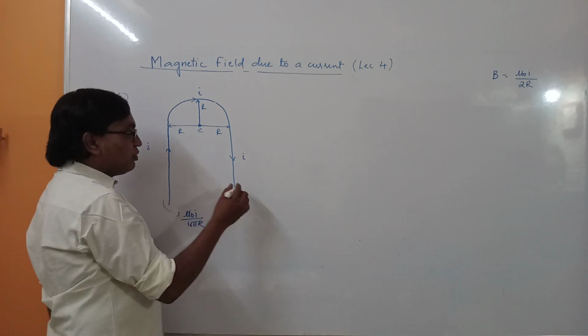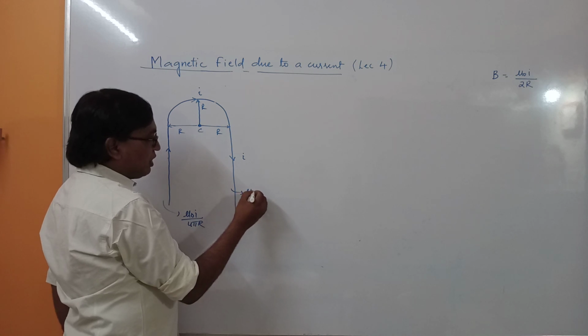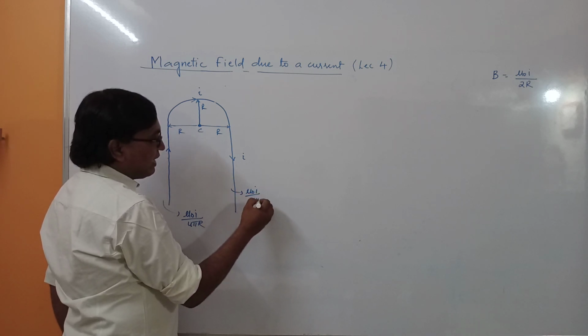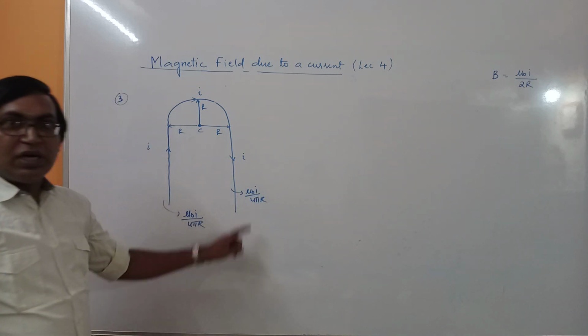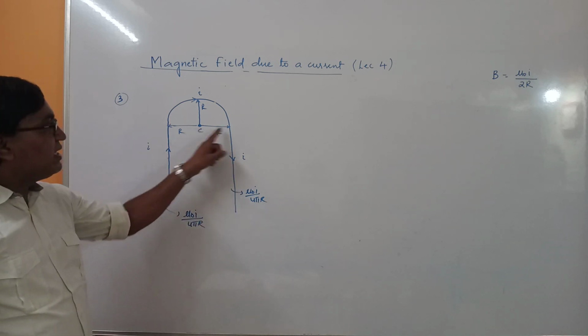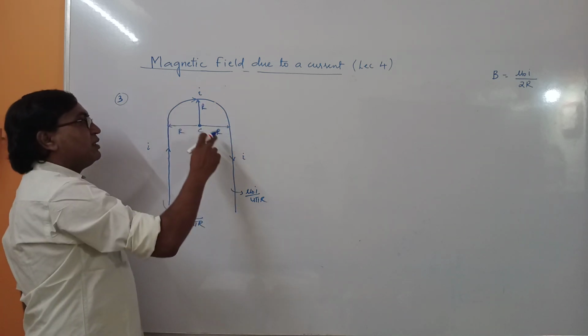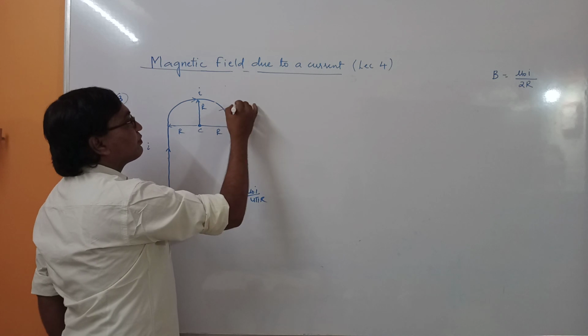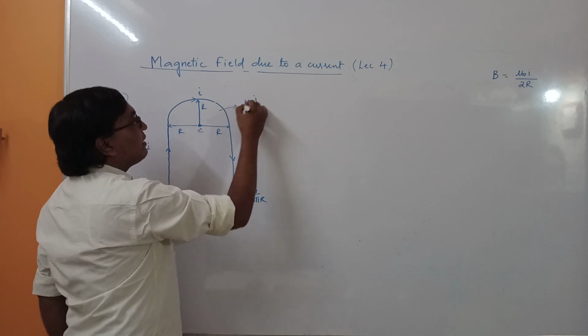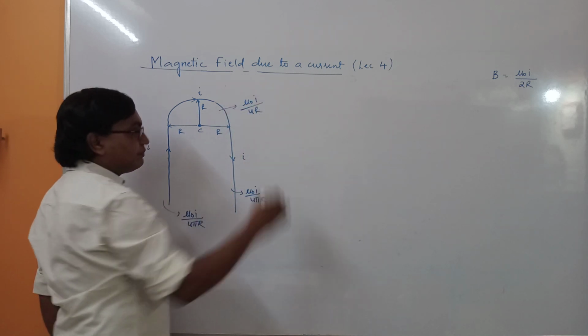Then similarly due to this wire, mu naught I by 4 pi d, where d is R. And for the semicircular wire, mu naught I by 4R.